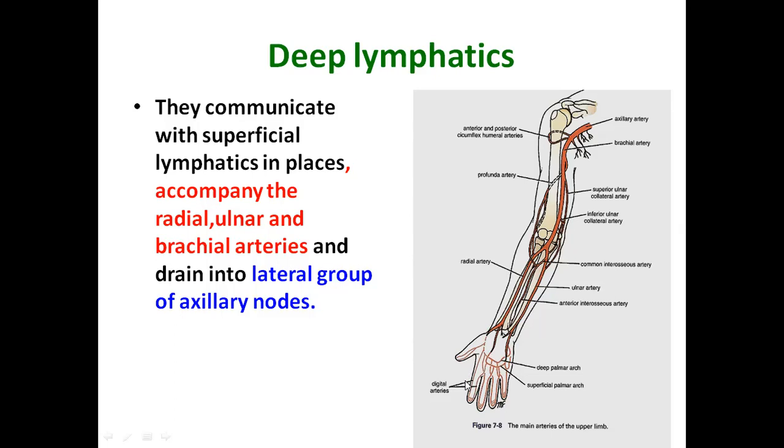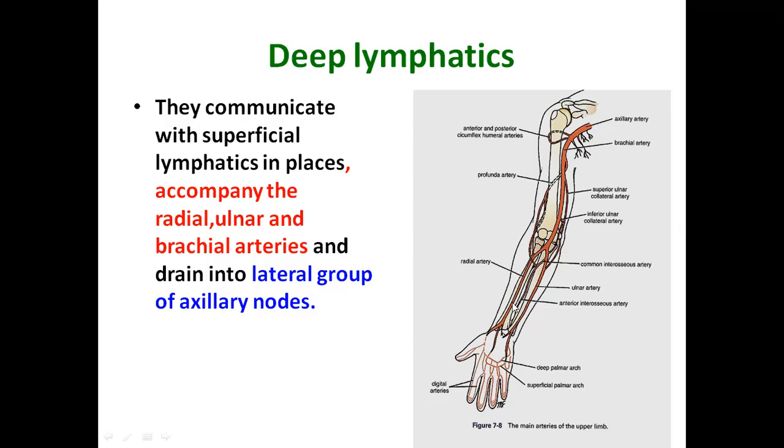Now, when you talk about venous drainage, we have veins accompanying like this. We have again the deep digital veins accompanying, and we have these venous arches. Again, the deep veins are named as radial vein, ulnar vein, brachial vein, which finally drains into axillary vein.